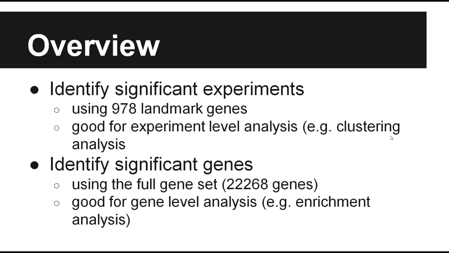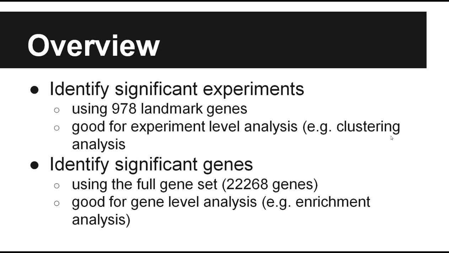Results from using only the landmark genes are good for experiment level analysis, such as clustering analysis, just any analysis that doesn't involve individual genes. The second part is to use the full gene set, the 22,000 genes, landmark genes plus the inferred genes, to identify those significant differentially expressed genes.